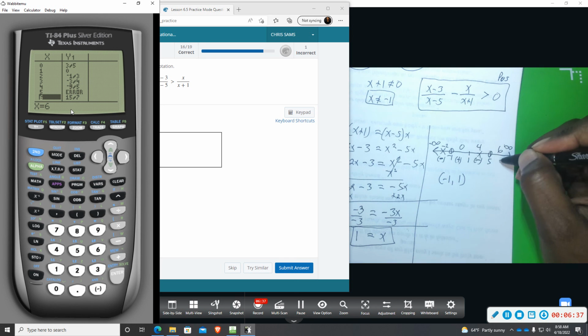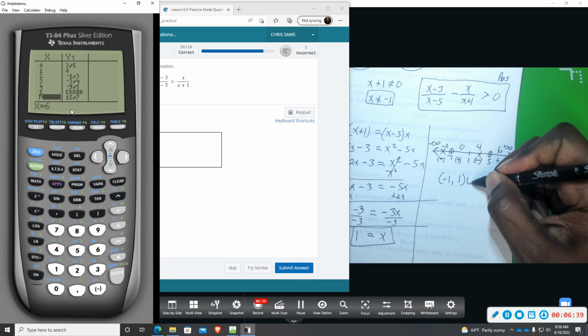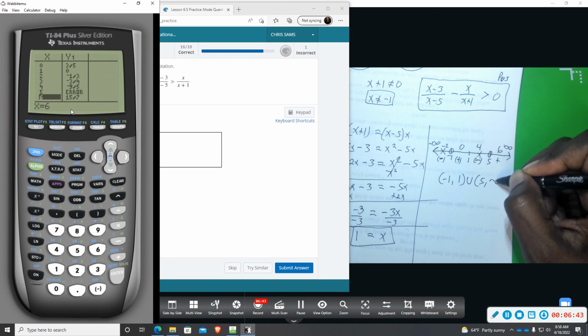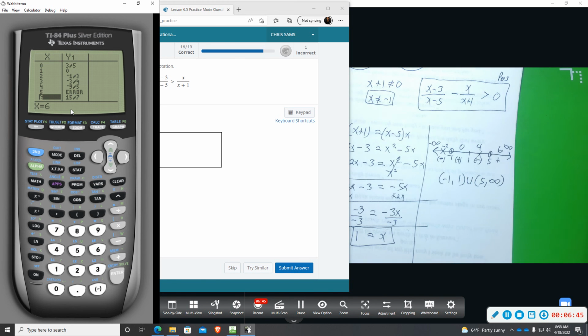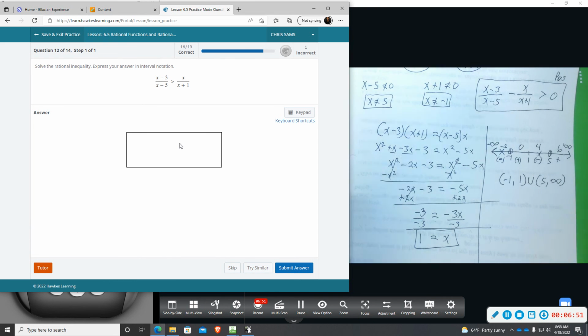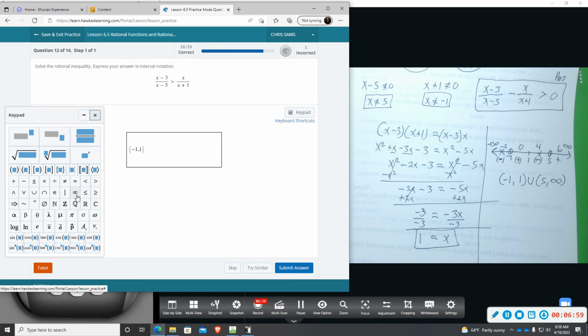So that's what we want. So I have -1 to 1 union 5 to infinity.